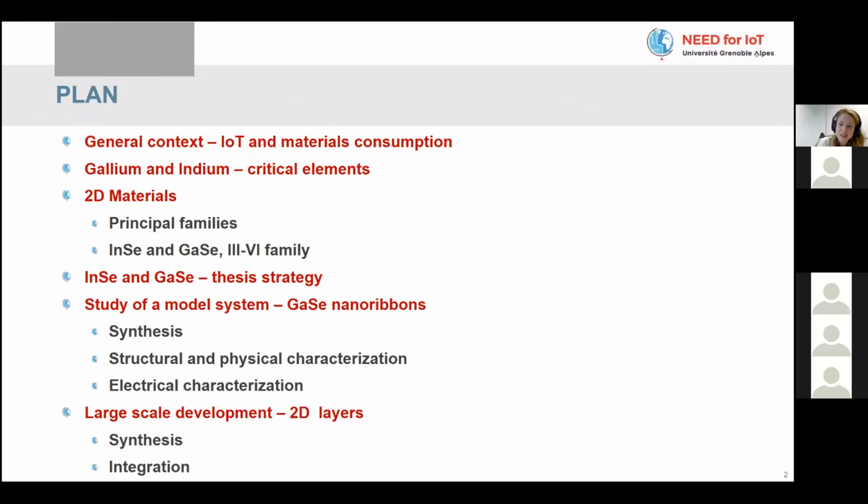During this presentation, we'll see a few words about the context, the place IoT has today in our society, why gallium and indium are considered as critical today for optoelectronics, the possibility of using 2D materials for answering the question of reducing the quantity of materials, the specific work on indium and gallium selenide for this thesis, and the two thesis strategies developed in parallel: the study of a model system on gallium selenide nanoribbons and the large-scale development of 2D layers.